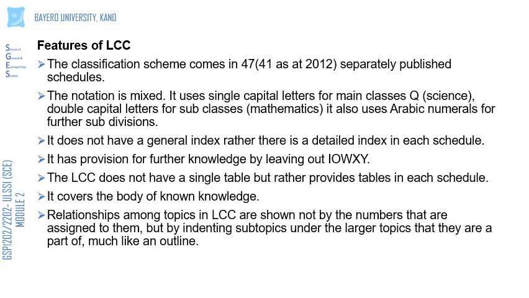It also uses Arabic numbers for further subdivision. It does not have a general index; rather, there is a detailed index in each schedule. It has provision for further knowledge by leaving out I, O, W, X, Y so that it can accommodate new knowledge that comes. The LCC does not have a single table, but rather provides tables in each schedule.